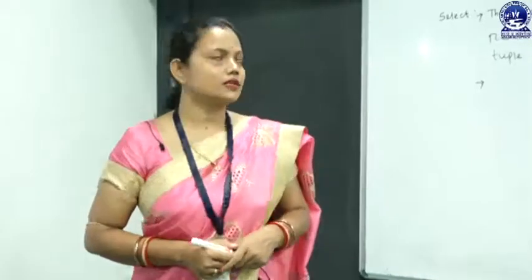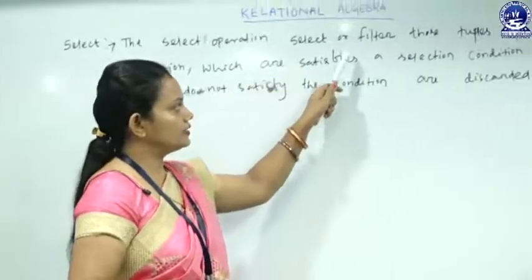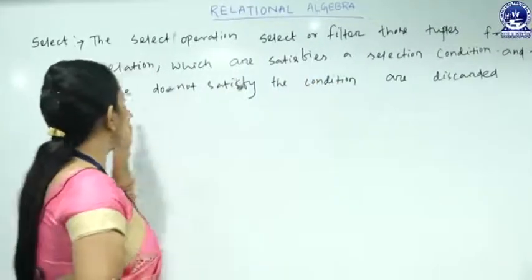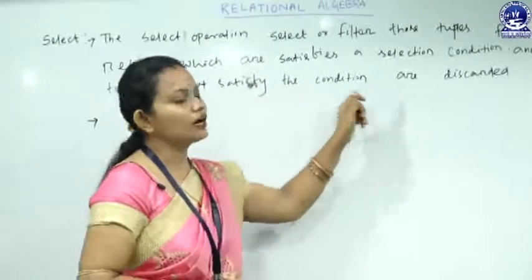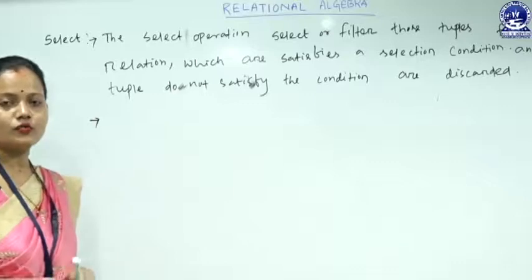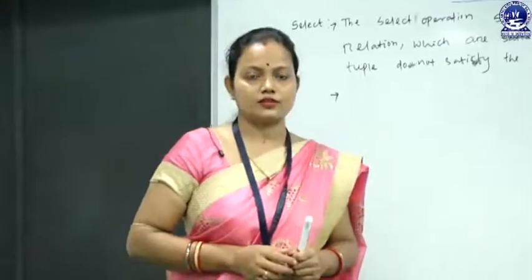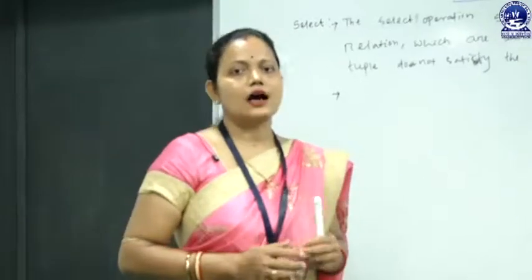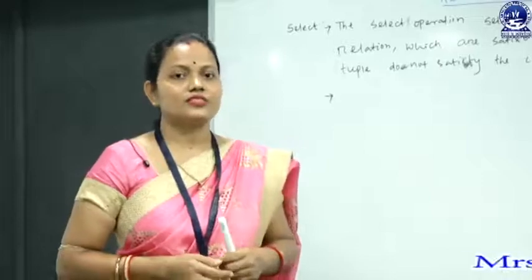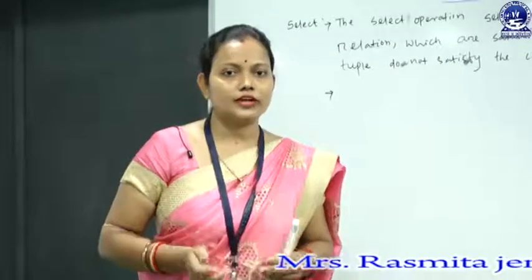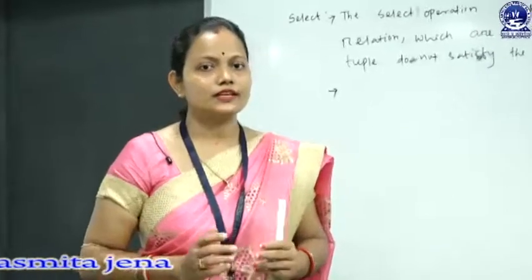So, what is the select operation? The select operation selects or filters those tuples from a relation which satisfy a selection condition. Okay? That means we have a relation and a selection condition, and those tuples satisfying the selection condition, or you can say the subset of tuples of a relation, can be retrieved from a relation by using the select operation.